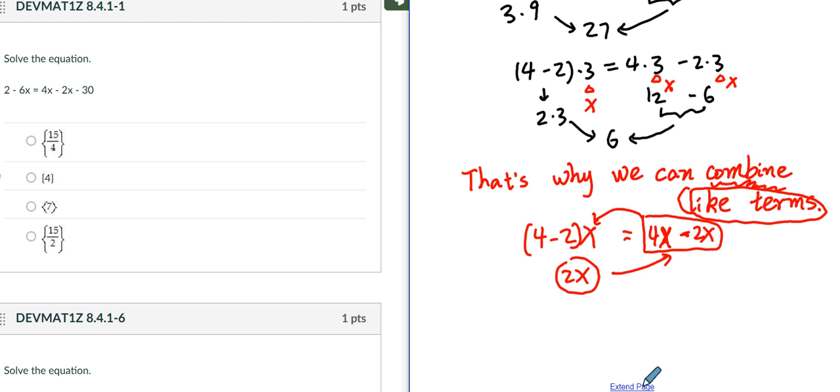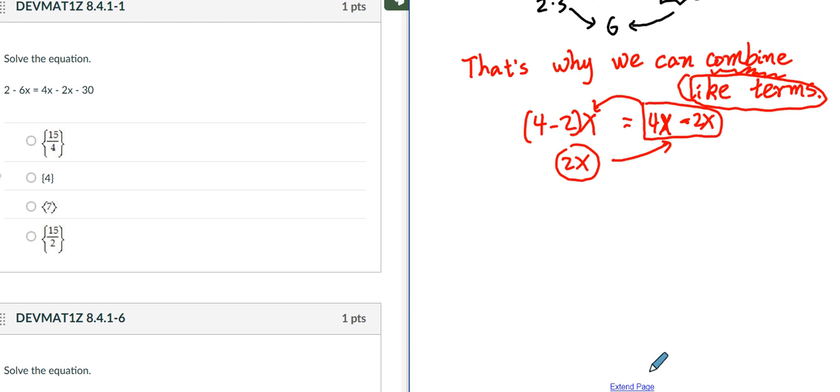Okay, here, let's look at our first question. The first question is 2 minus 6x equals 4x minus 2x minus 30.